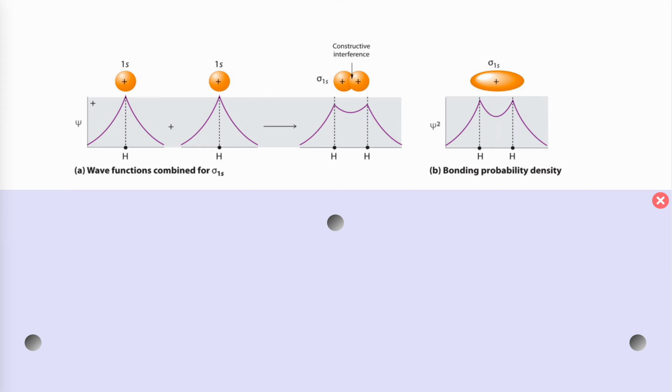In this diagram, we show combining the 2 1s atomic orbitals on the hydrogen atoms in a positive way. That results in constructive interference between the 2 nuclei, and therefore there is a greater probability of finding the electrons between the 2 nuclei. That molecular orbital is called the sigma 1s bonding molecular orbital.